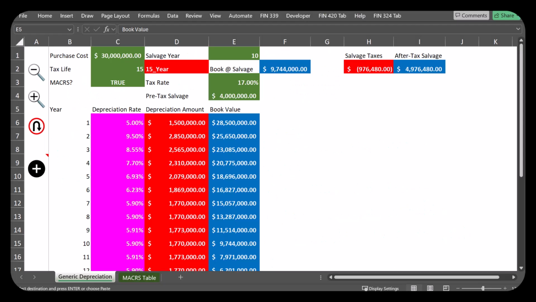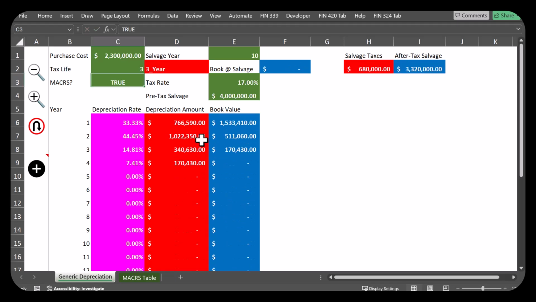Let's switch to our depreciation and salvage template. Project cost is $2.3 million. Tax life is 3. It is not MACRS, it's straight line. Salvage year is 3. Tax rate is 21%.